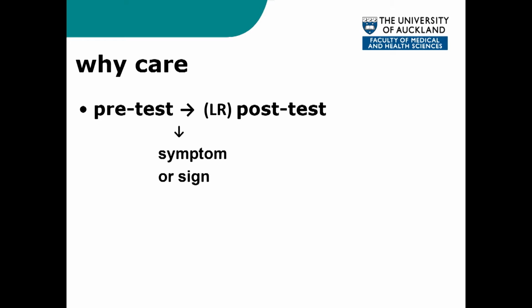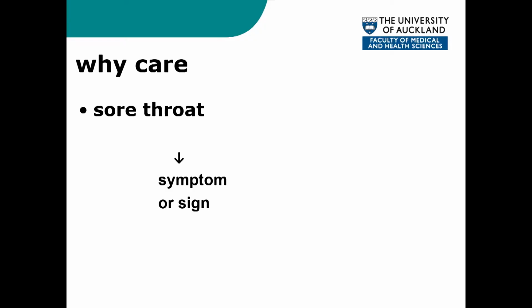So when we have a pre-test probability, we have a patient coming in to see us with a condition. They will have some symptoms or occasionally signs, and then we can ascribe a post-test probability. And if that post-test probability is high enough, we can start doing things. For example, with a sore throat, a patient comes in, so we want to know what their symptoms and signs are.